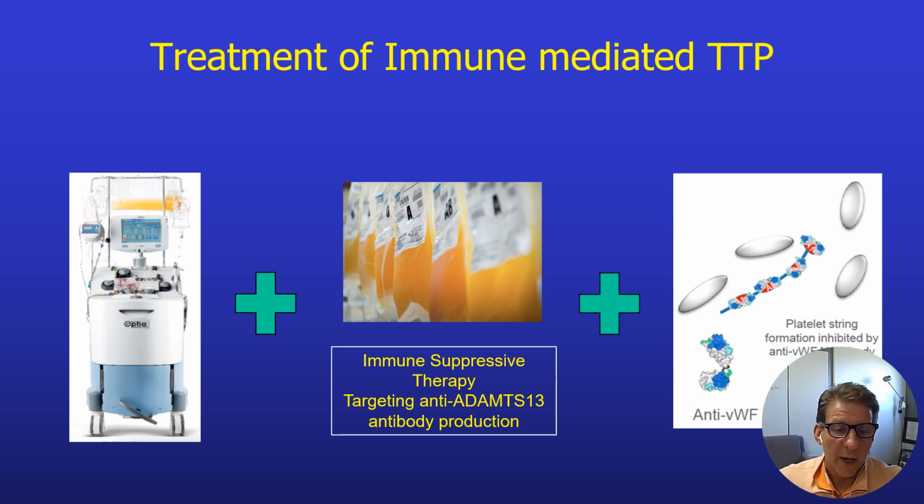What's also required is immune suppressive therapy to really block the cause of the disease, which is the production of these antibodies that either clear or block the function of the ADAMTS13 protease. So steroids, rituximab, as well as many other immune suppressive therapies are used to decrease the production of the antibodies while you're removing them and adding back functional ADAMTS13 protease as well.